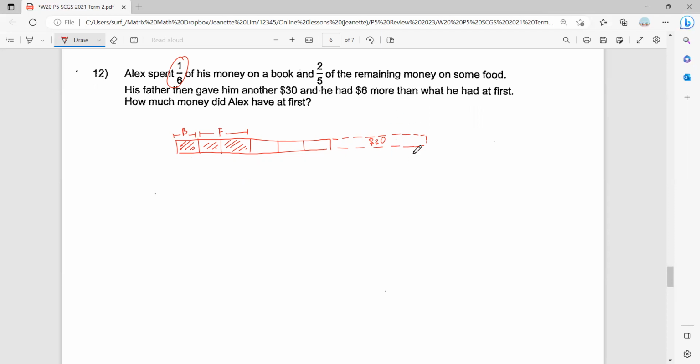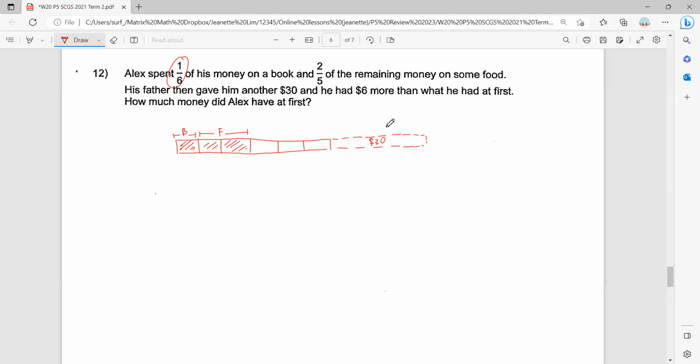So this $30 that he received is actually $6 more than what he had at first, which means that whatever he received is $6 more than what he spent. Because if he has 3 units left, how can he have the same amount as what he had at first? He needs to take back the amount spent, and whatever the father gave him is $6 more than that.